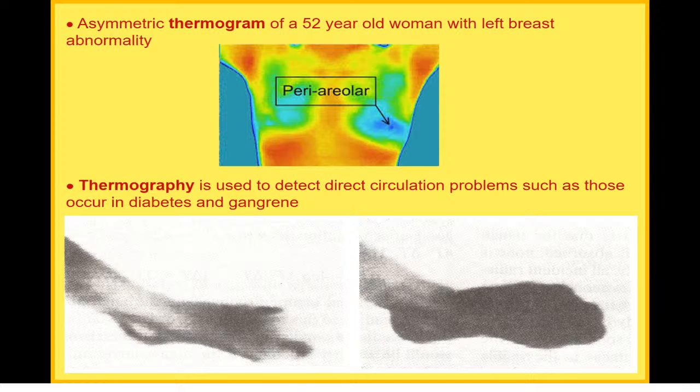Consequently, this is a signal to suspect something wrong happening there. And you can see the diagnosis that was done in this particular case. Non-invasive diagnosis, and very useful in medical practice.